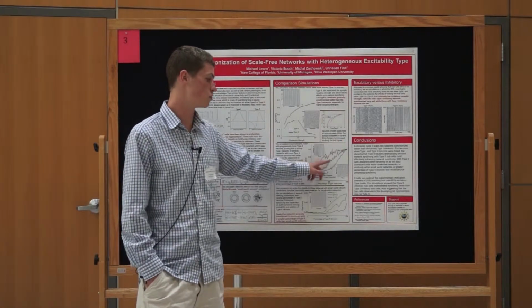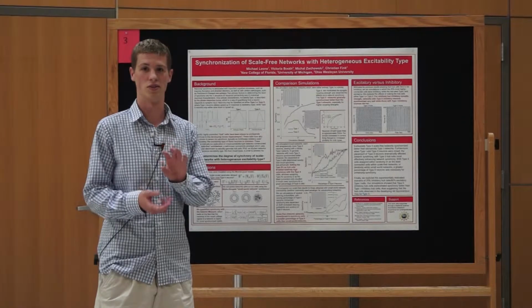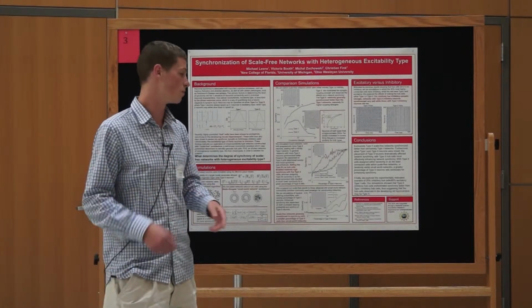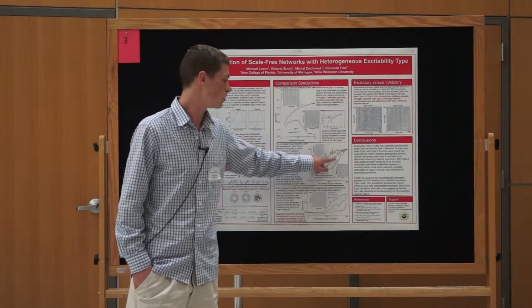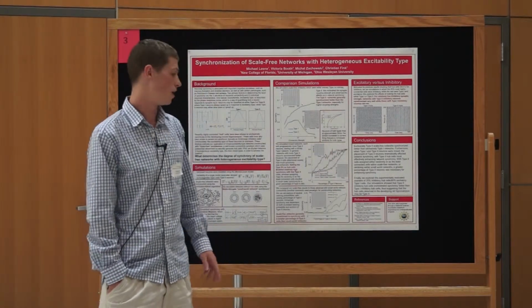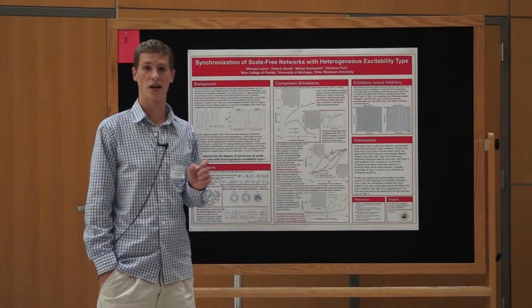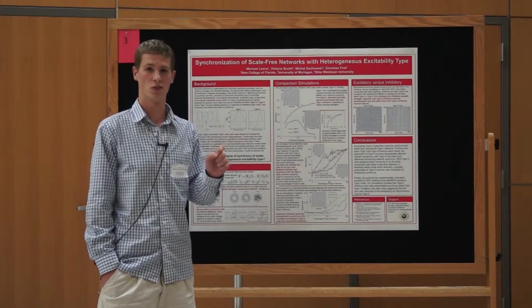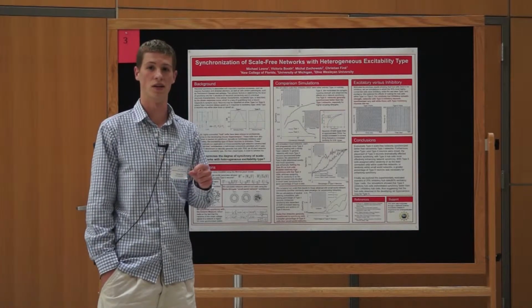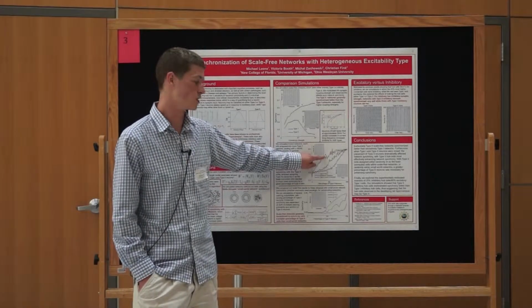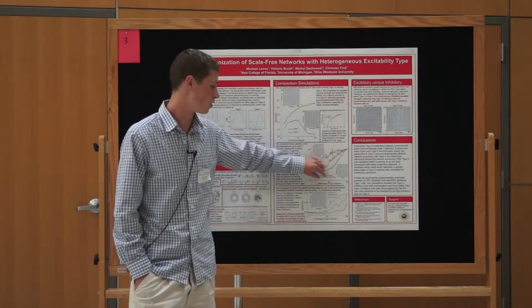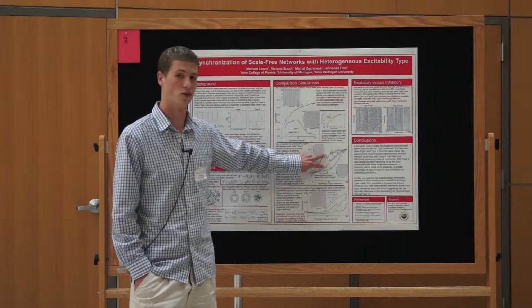If we added the type 2s randomly, that is, assigned type 1s and switched them to type 2s randomly, this black curve here increased relatively linearly. If we purposely assign the type 2s to be the hub cells, so we pick the neurons with highest degree to be type 2, then immediately we would see increases in synchrony with a small amount of type 2. So there was a drastic increase.